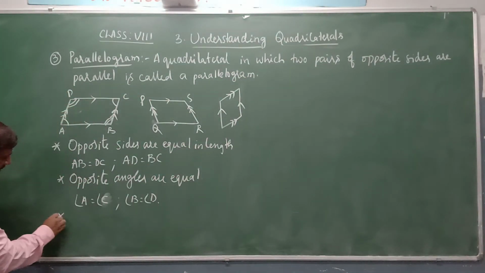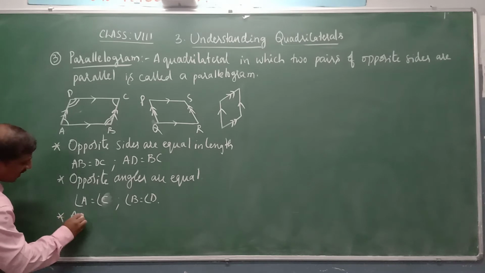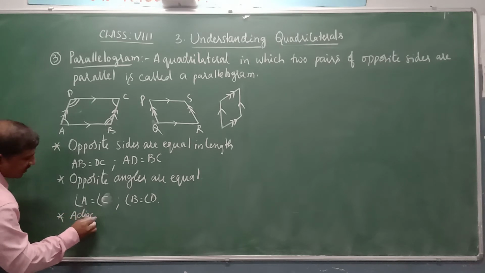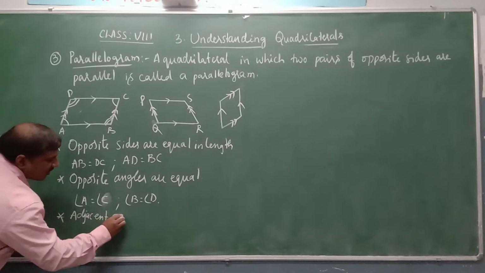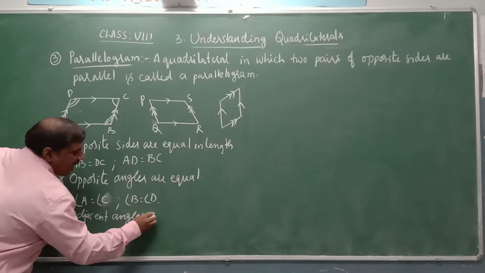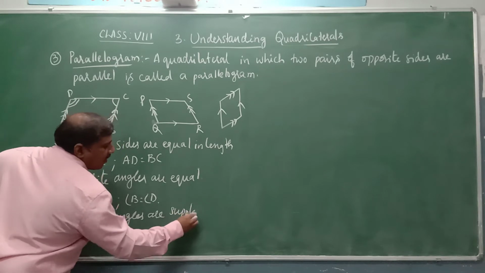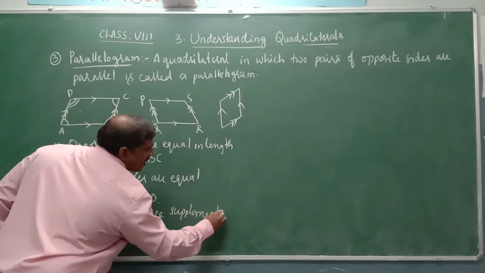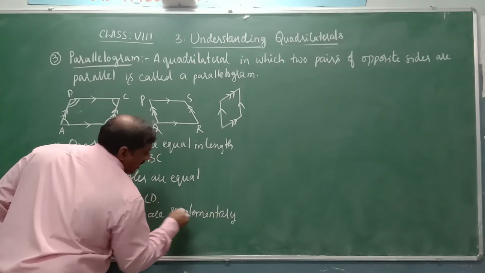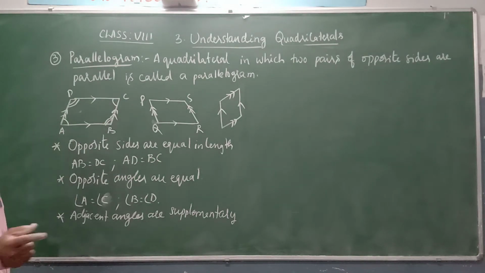The third property is that adjacent angles are supplementary angles, which means their sum is equal to 180 degrees.